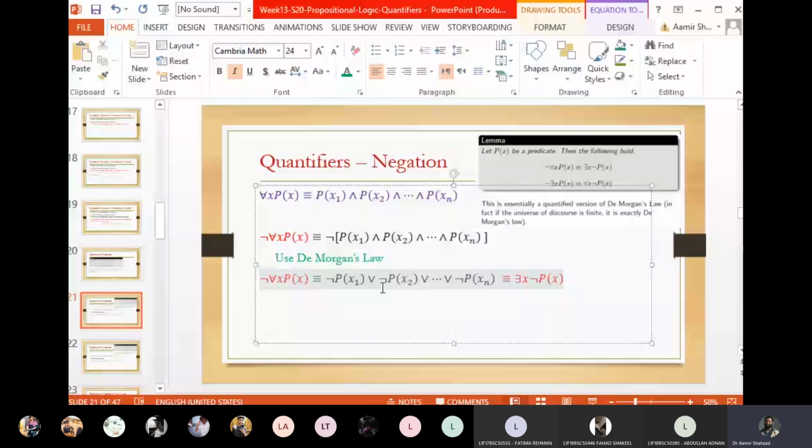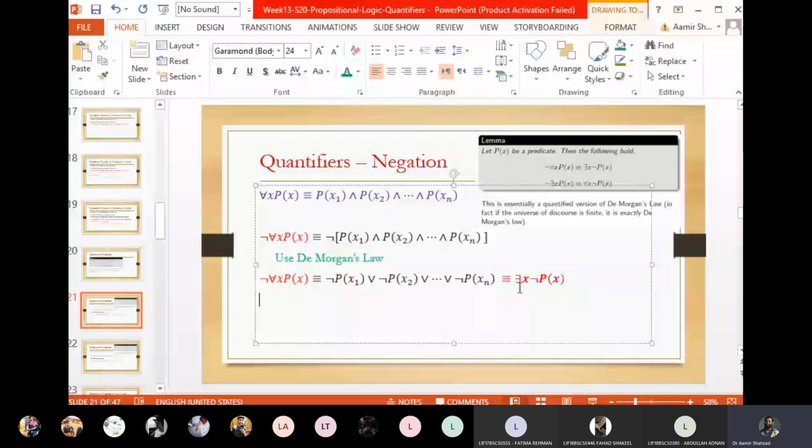So it means this is existential quantification of negation of p of x, क्योंकि तमाम p of x1, x2, x3 सबकी negation हो रही है. So we can write it down as negation of p of x. It's there exists x such that negation of p of x.